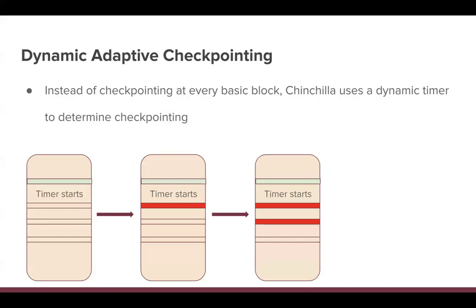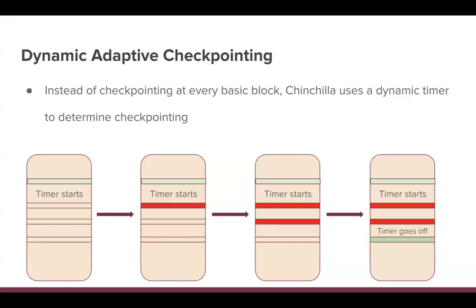Similarly, the next one is also hit, and no checkpoint for that point is also saved to remove the overhead. Finally, when the timer goes off, then the checkpoint that comes right after the timer is the one that is saved by Chinchilla. This removes the overhead of saving the checkpoint for every basic block.